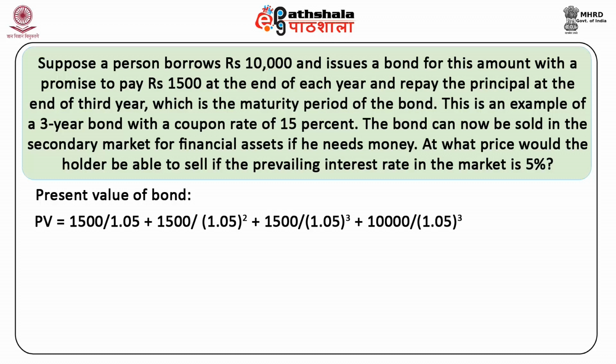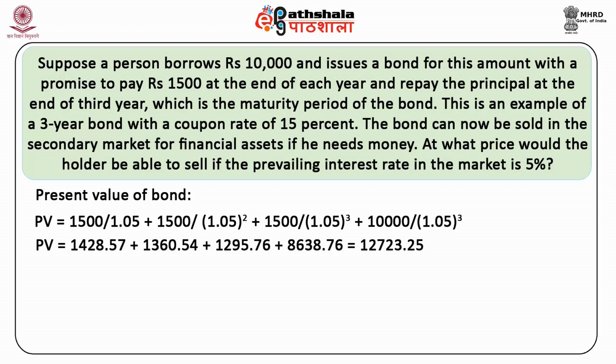Present value is equal to 1500 divided by 1.05 plus 1500 divided by 1.05 to the power 2 plus 1500 divided by 1.05 to the power 3 plus 10,000 divided by 1.05 to the power 3.